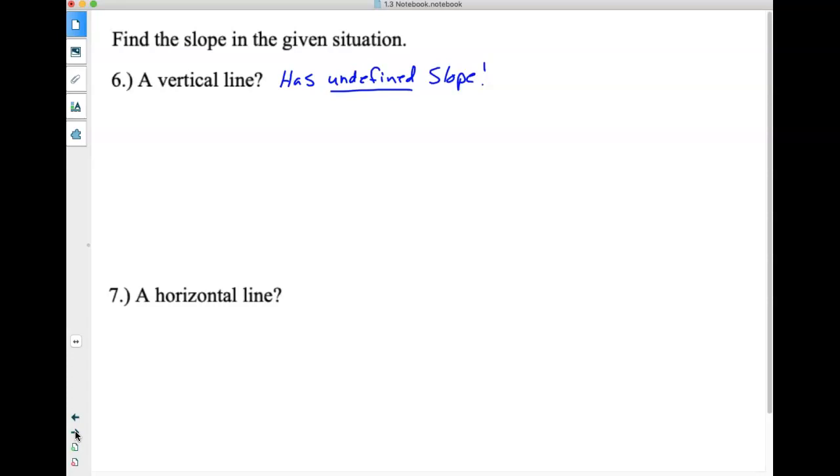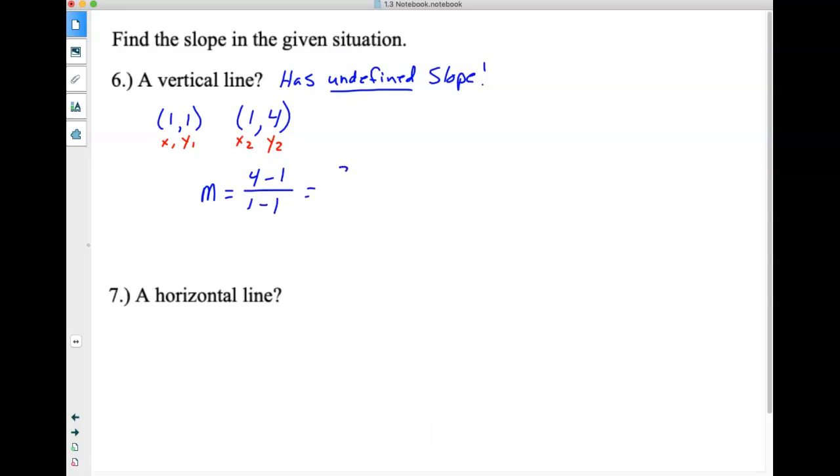let's say 1, 1, that means that another point, 1, 4, would be straight above it, right? So I'm going straight vertical. So if I plug that into my x1, y1, x2, y2 formula, what I actually get is 4 minus 1 over 1 minus 1.